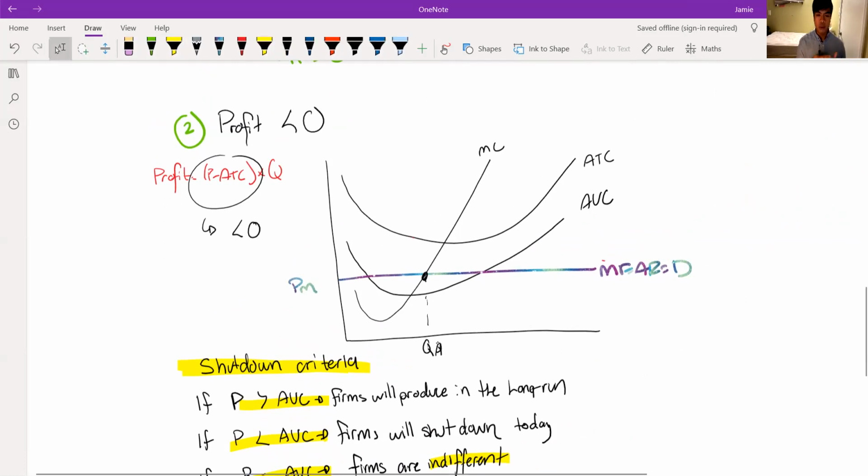So again, two questions: shut down now or shut down later? Just because you're earning a loss now doesn't mean you should shut down now, because why? Average total cost also reflects our fixed cost. And so in the short run, I still have to bear the fixed cost.